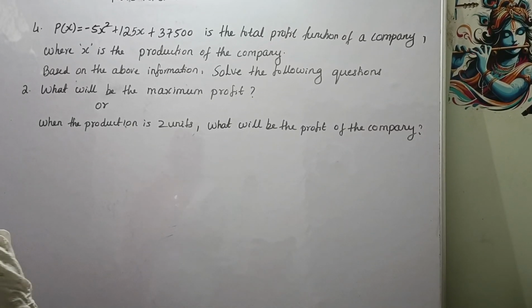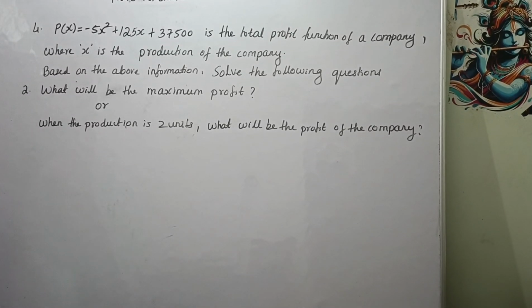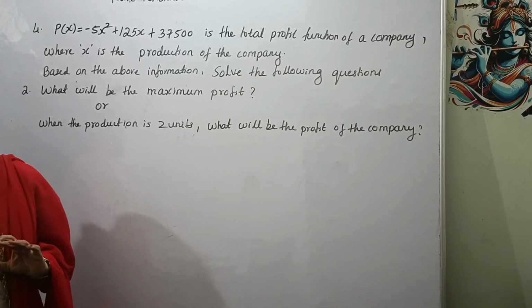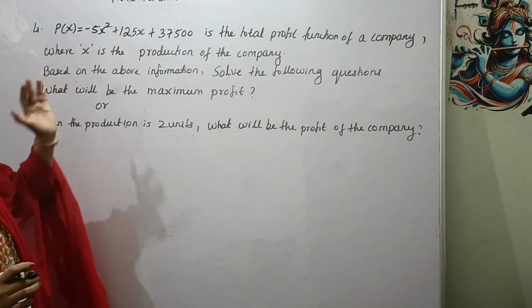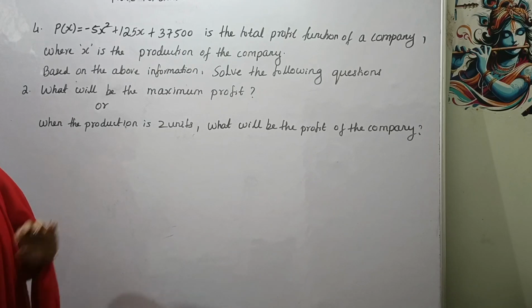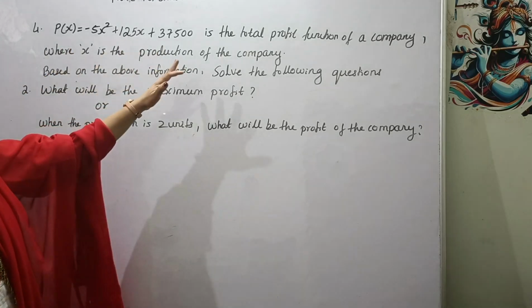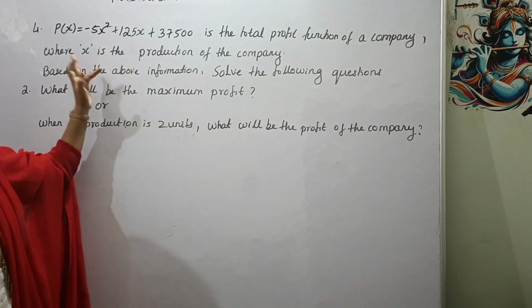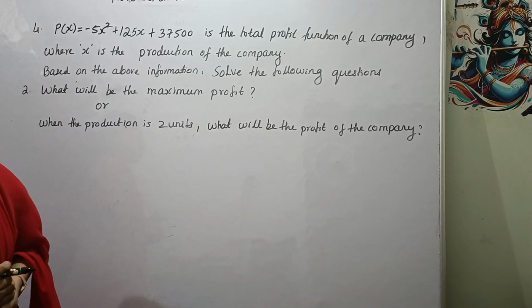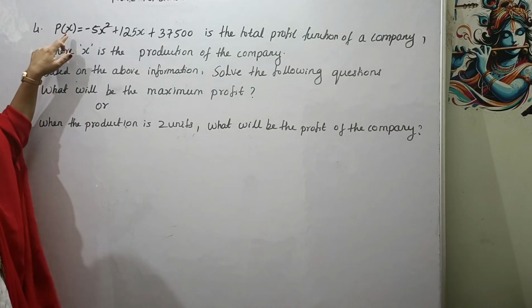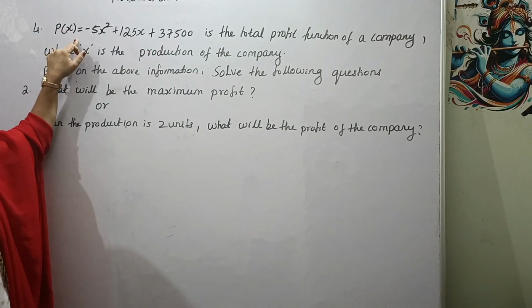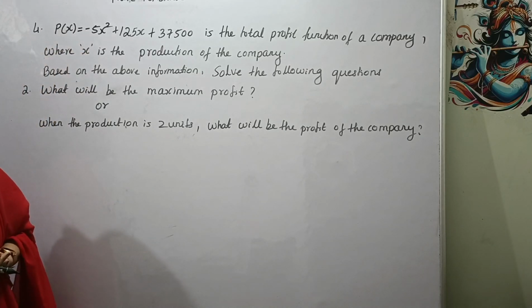Second question is, what will be the maximum profit? Here in the first question, we have already found that at x is equal to 12.5, the given function is maximum. That is, the total profit of a company is maximum when x is equal to 12.5. So here, by substituting x is equal to 12.5 in the equation of the profit of a company, we will get the maximum profit, right?